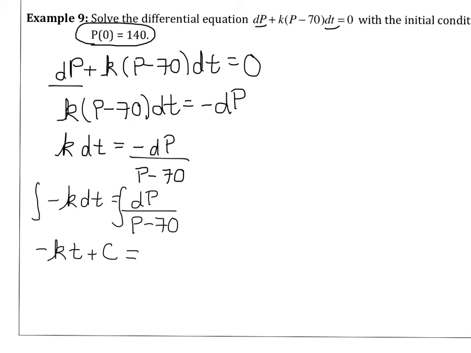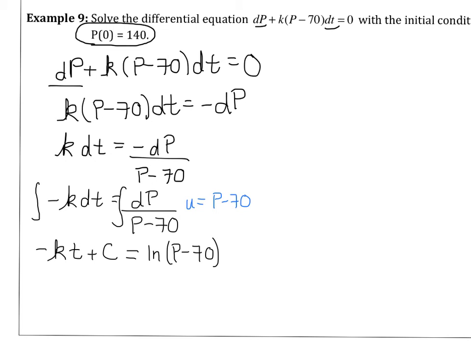Maybe you can see this without having to do anything formal, but if you don't, this is just an easy u sub with u equal to p minus 70. When you do that, you will get the natural log of p minus 70, and we're going to keep all our c's on the left there.